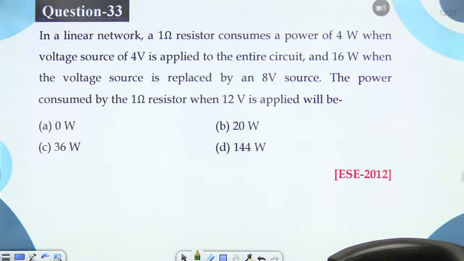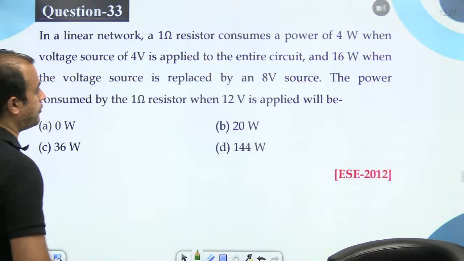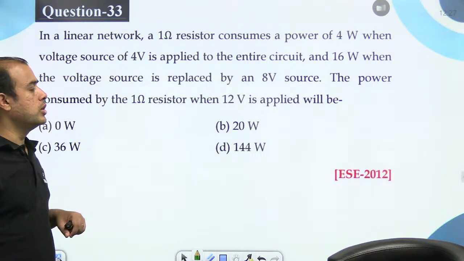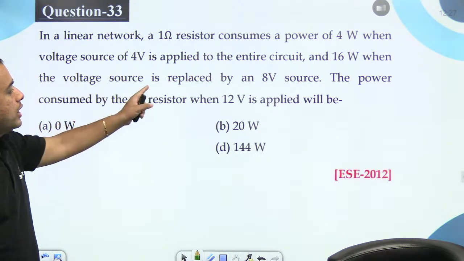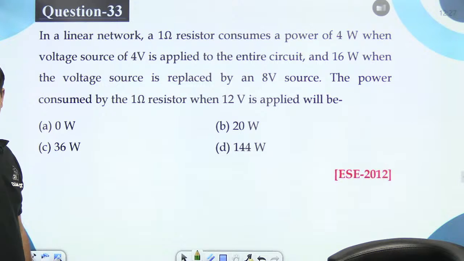Okay, let's go. In a linear network, a 1 ohm resistor consumes a power of 4 watt when 4 volt is applied, and 16 watt when 8 volt is applied. What is the power consumed when 12 volt is applied?